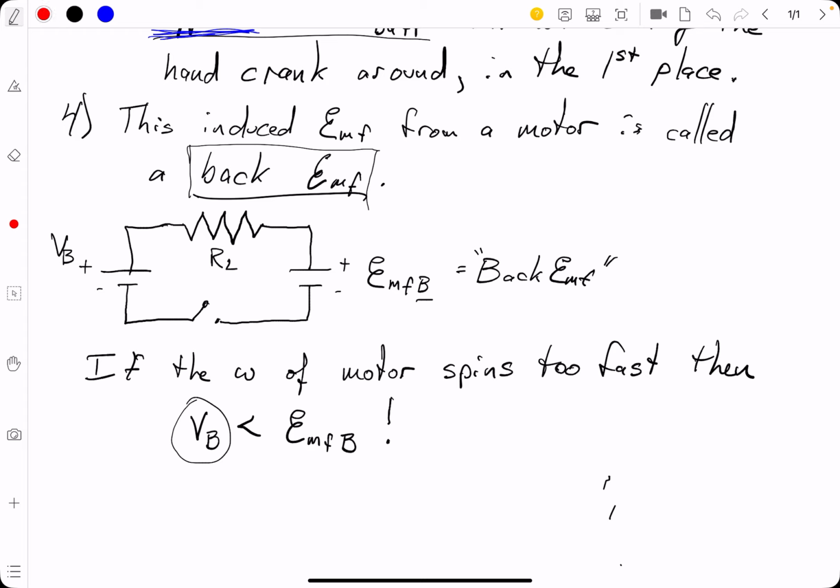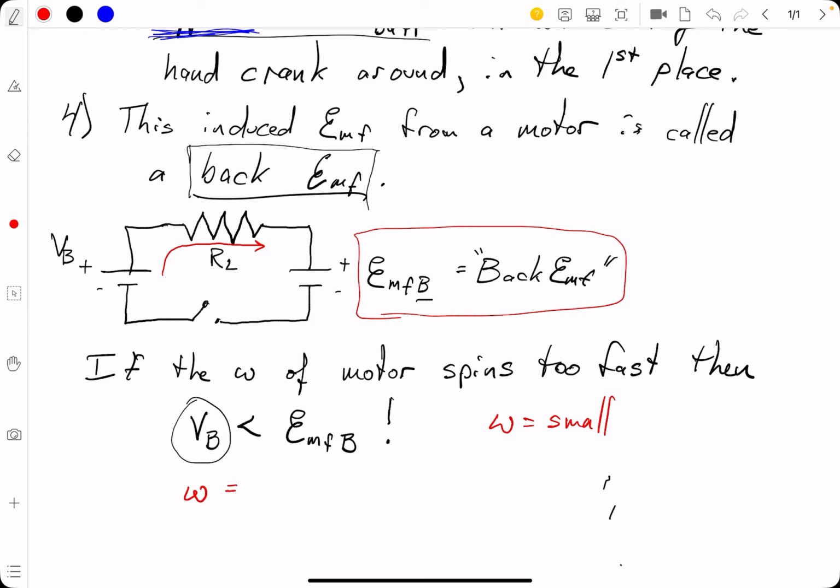so follow this current. Omega is small. Omega equals small. Okay, so we've got small omega. Small omega, our current is going to go this direction. All right? Because this EMF back is less than the V_B. Okay, small omega. But over here we've got omega is big or fast.